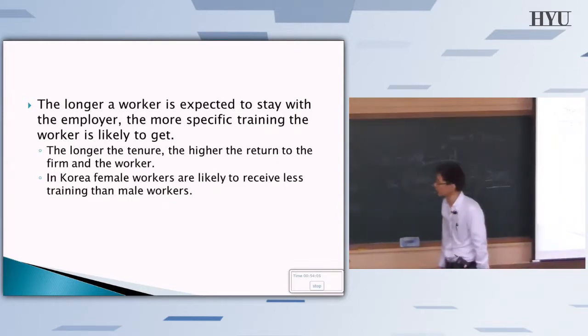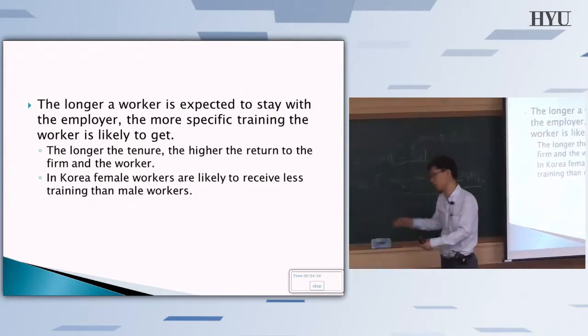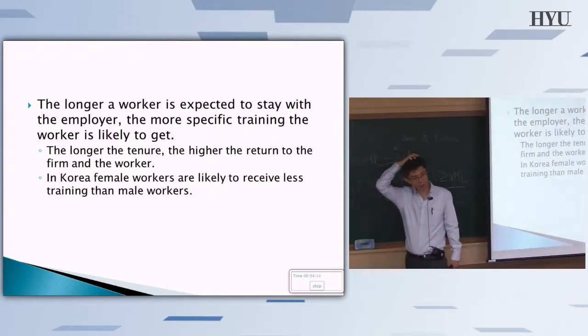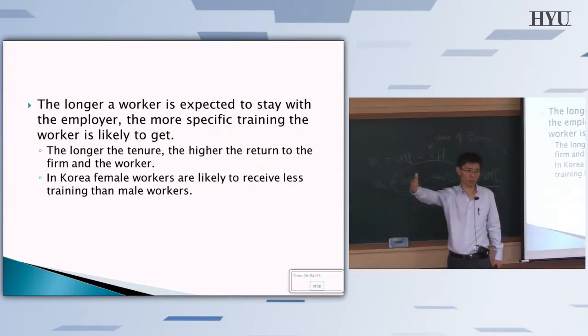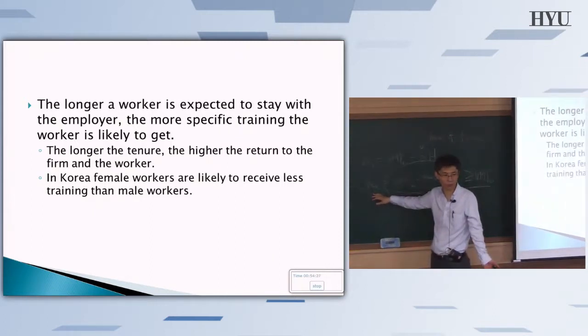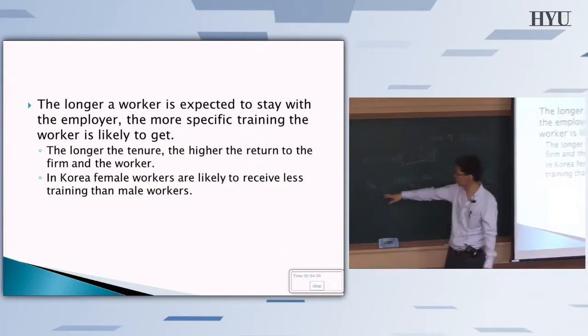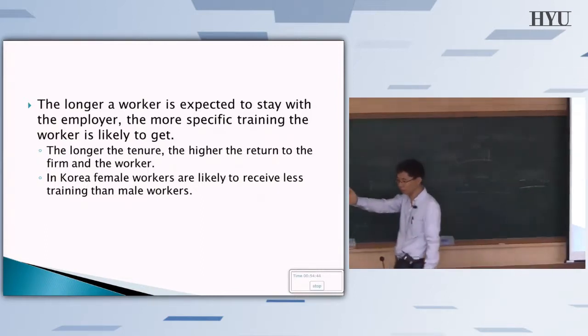So the last thing that I want to say is that from the employer's point of view, if you give the worker specific training, it's much more valuable if this worker stays with you for a longer and longer time. So you train a person. If this worker quits only after 1 or 2 years, that means your return from training the worker is that you are paying W2 less than VMP2. As long as you can get this extra benefit of having this worker, you want to have this worker.